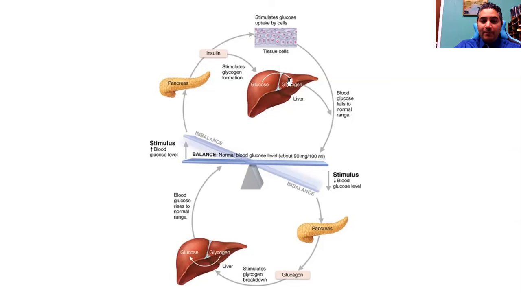Instead of forming glycogen, a large polymer of glucose, it is going to catalyze the breakdown of glycogen and release glucose into the blood, tipping it back up from low to a good range again, right here. Hope this makes sense, ladies and gentlemen.